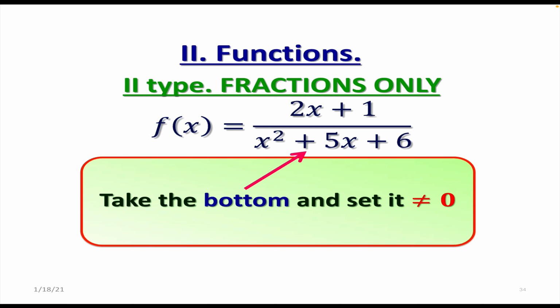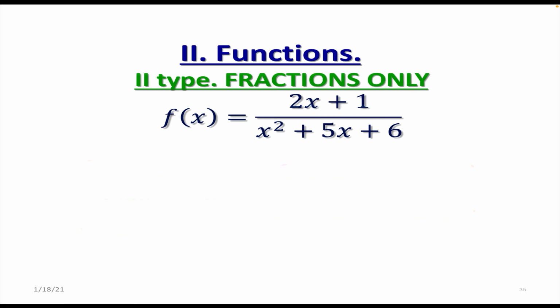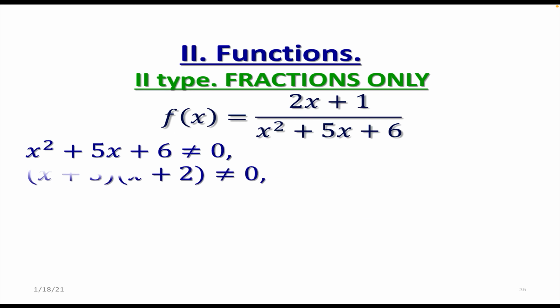In other words, we have to exclude the values of x that make your bottom equal to 0, since division by 0 is not permitted. In order to do so, you want to take the bottom and set it not equal to 0 and solve it for x. In this case, we are going to pull out x squared plus 5x plus 6 and set it not equal to 0.